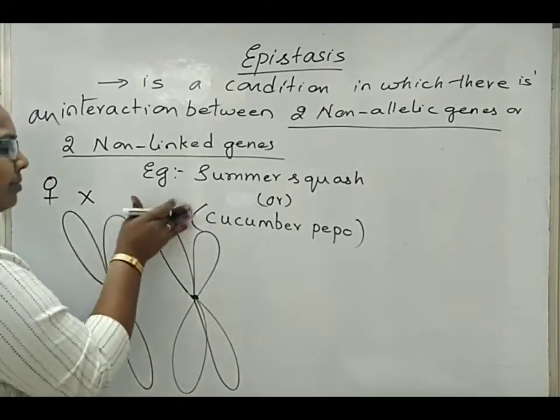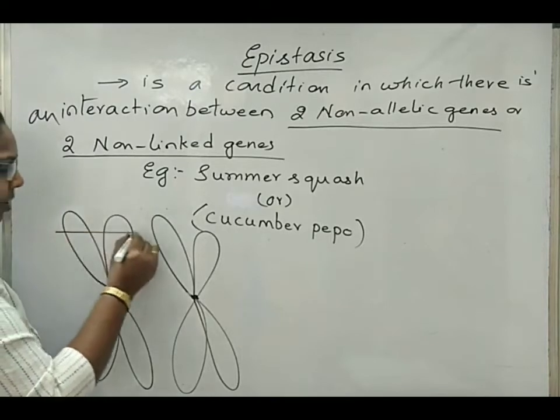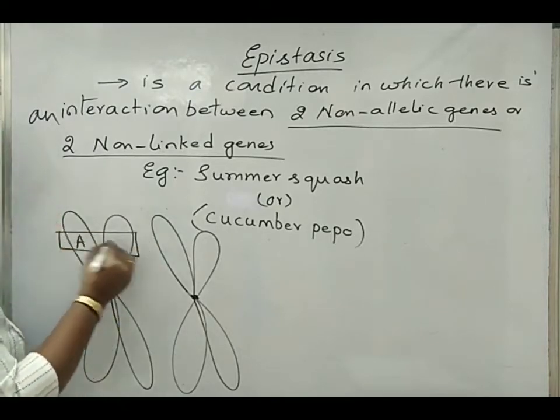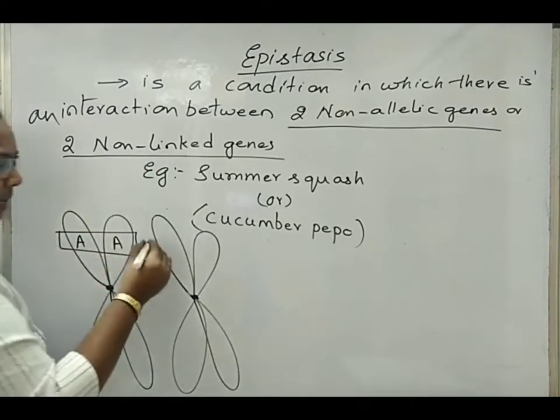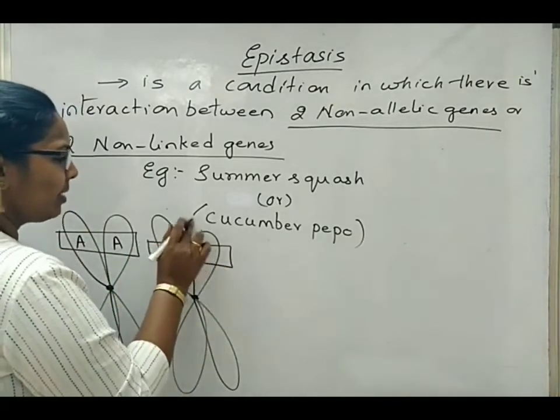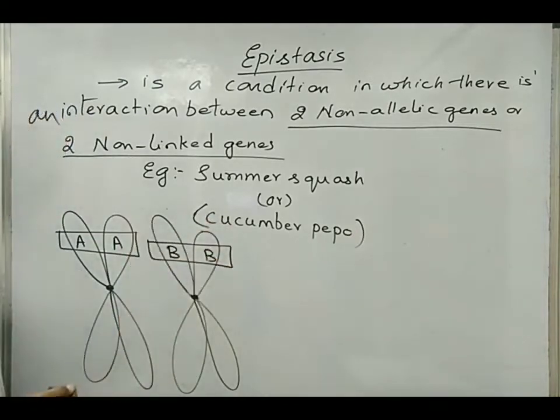Now, suppose that on one position of the chromosome there are some allele forms of a gene. I am representing this as capital A and capital A. And take another example. There is another dominant allele pair on another chromosome of the homologous chromosomes.